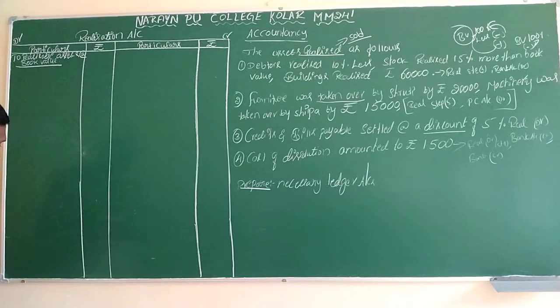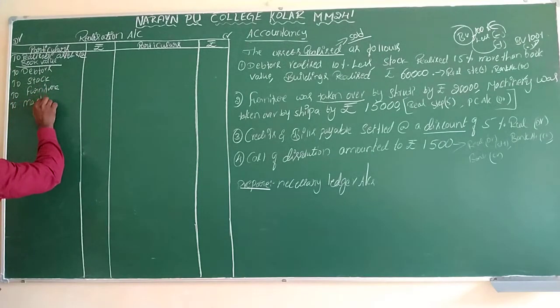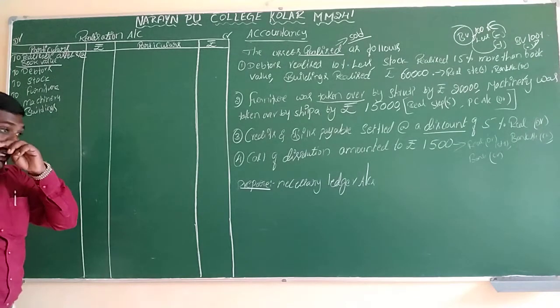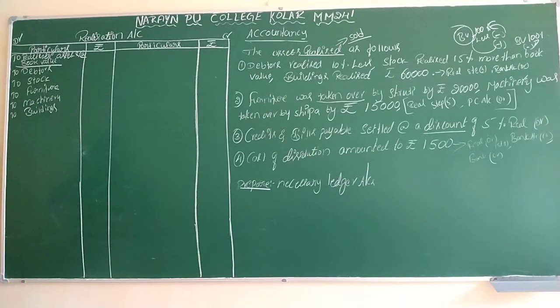First, to debtors, next to stock, to furniture, to machinery, and again to buildings. So these are the 5 assets available in our question from the previous balance sheet.